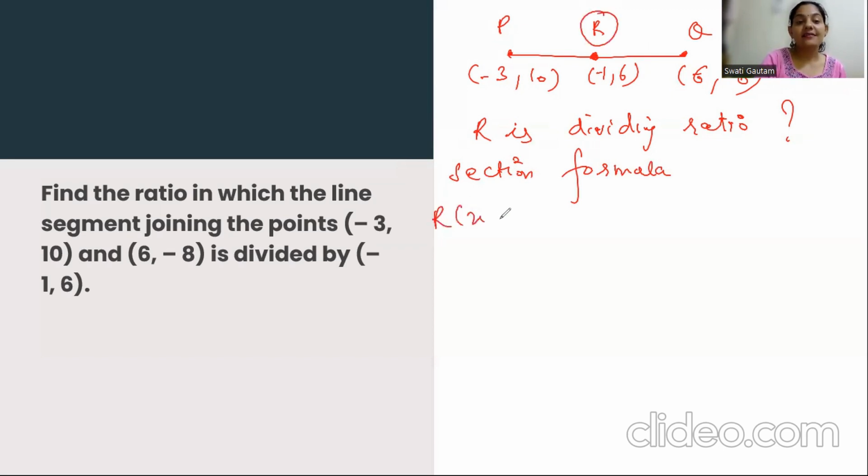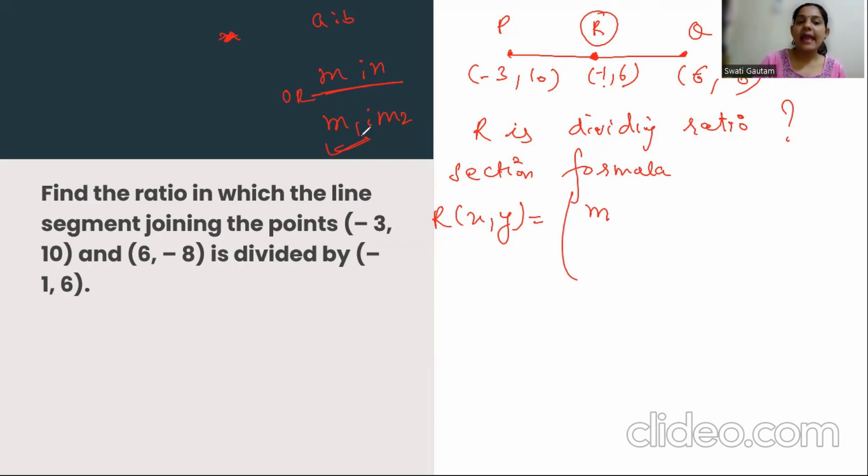So we can take R x comma y is equal to, yes, m1. You can take these as m1 and m2, or in books you have the m and n ratio. So it's completely your choice. You can take m1 ratio m2, or m ratio n, or a ratio b. So I am taking m1 m2, it's easy for me.